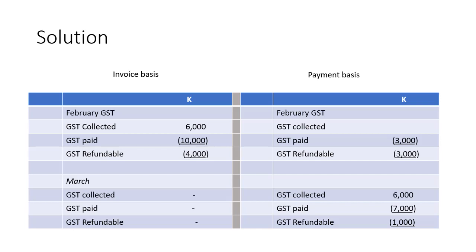So the timing of recognition of GST collected and paid will be quite different on each basis. Invoice basis is using the accrual. So we recognize the transaction when it happens, regardless of whether the cash had been received, particularly on sales.